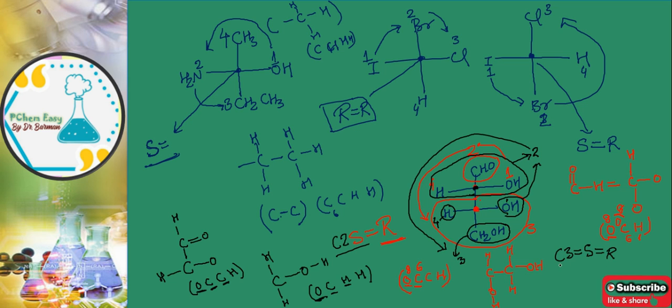So you can say that in D-erythrose, the configuration of chiral carbons 2 and 3 is R and R, as we have observed. So these things will help you to assign the configuration.